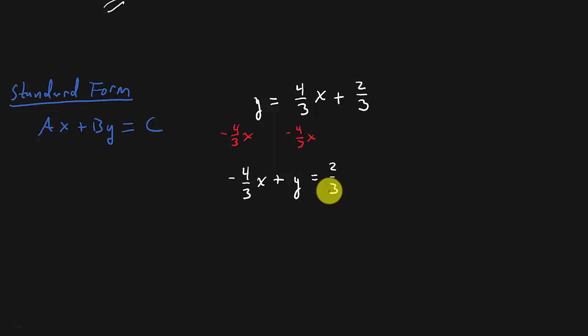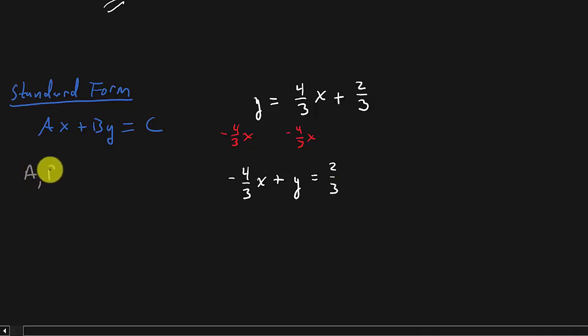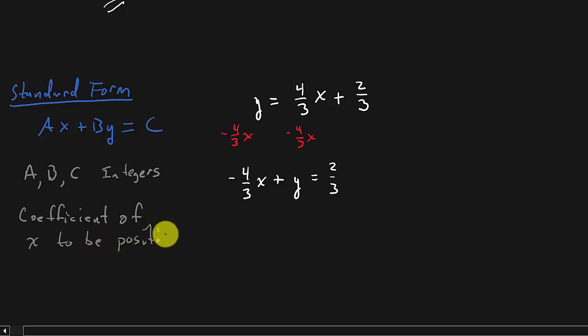And you want the coefficient of x, the number in front of x, to be positive. Okay? So you want a, b, and c to be integers and the coefficient of x to be positive.